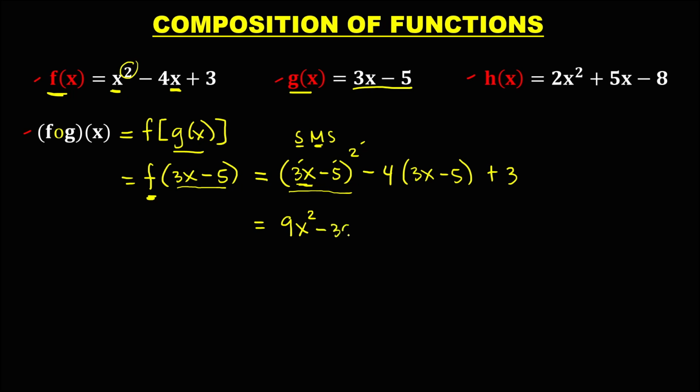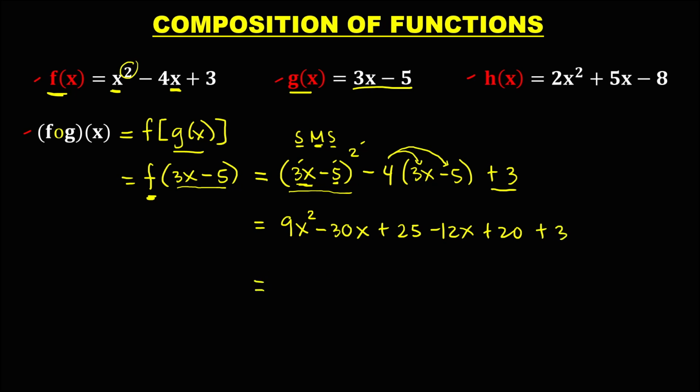So this is negative 30x. Then the last S, the square of 5, so this is positive 25. Then this negative 4 times positive 3, this is negative 12x. Then negative times negative, so that's positive 20. Then bring down this positive 3.